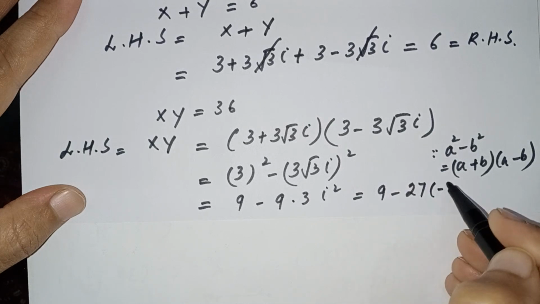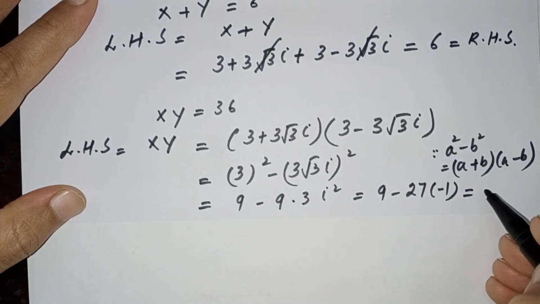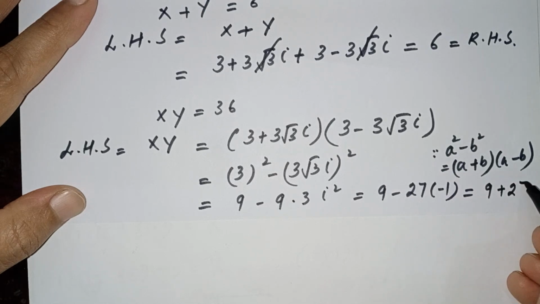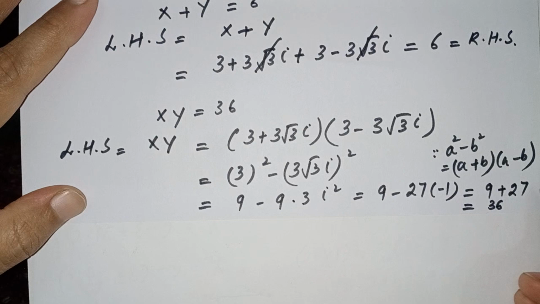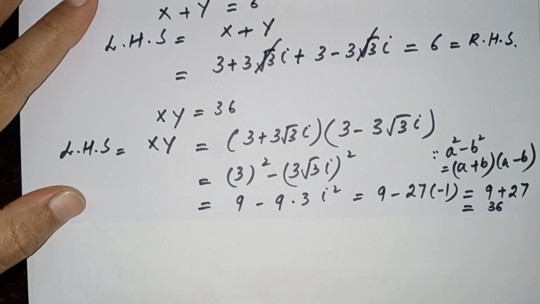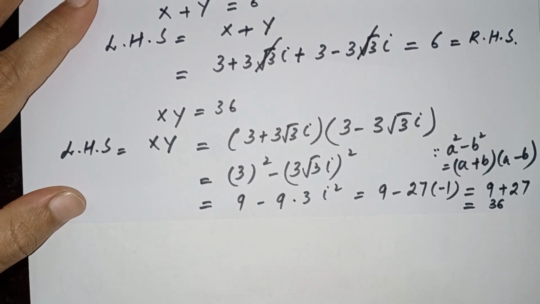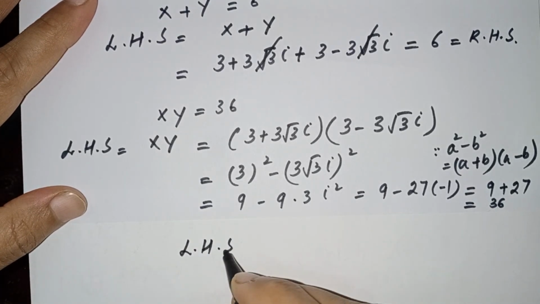So 9 minus 9 times 3 will give 27 times minus 1. So here we will get 9 plus 27, which is equal to 36. So the left hand side is equal to the right hand side.